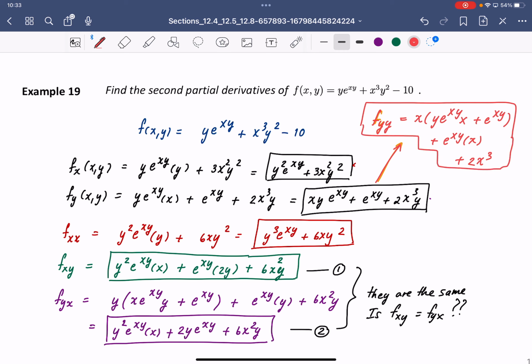Okay, makes sense? So many calculations here.